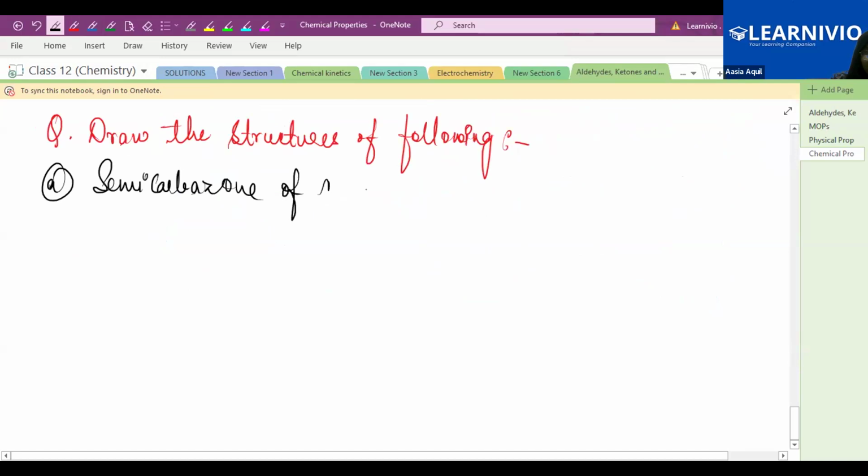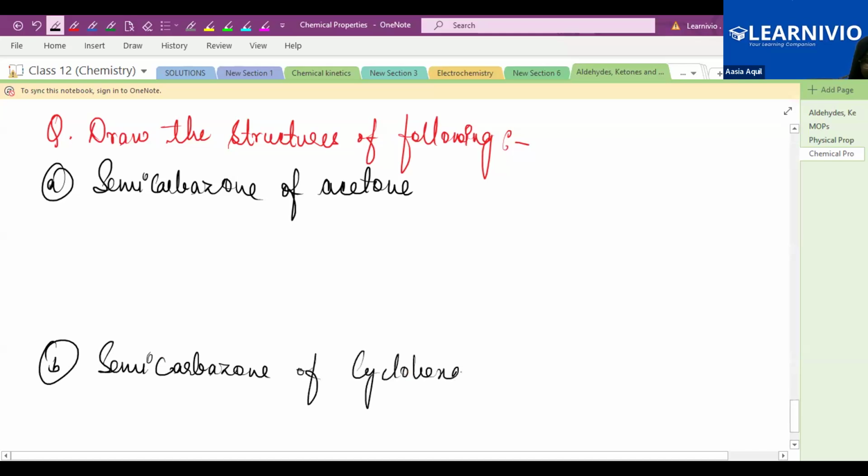How can you draw the structure of the semicarbazone of acetone? Next, you have to draw the semicarbazone of cyclohexanone. It's very simple. The same mechanism you have to follow.